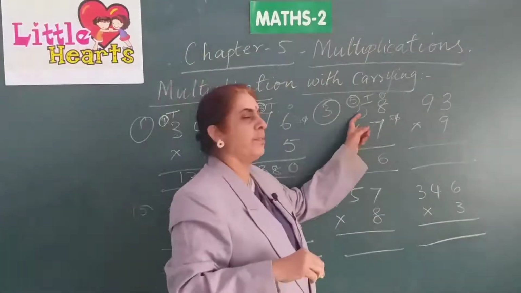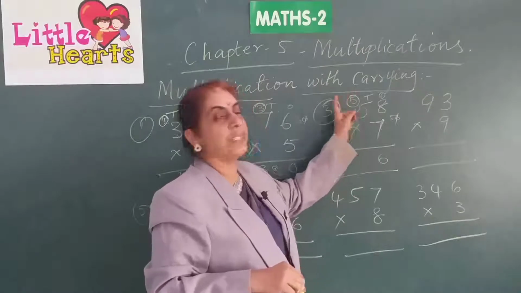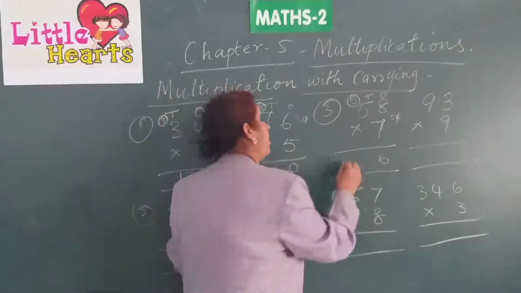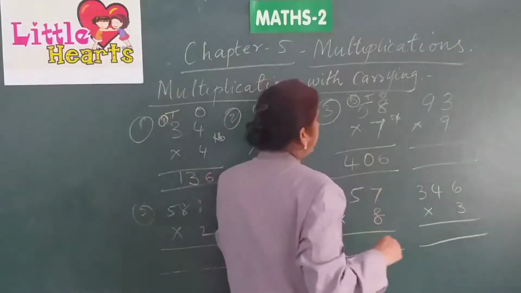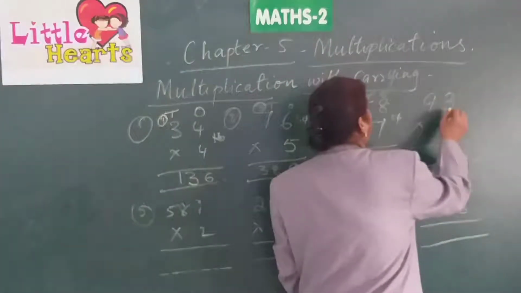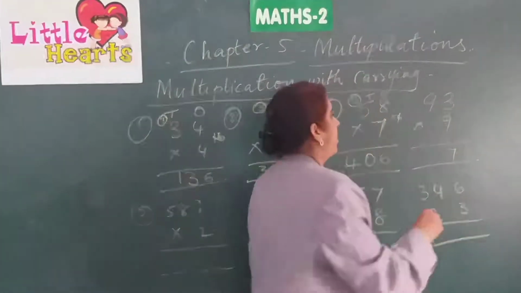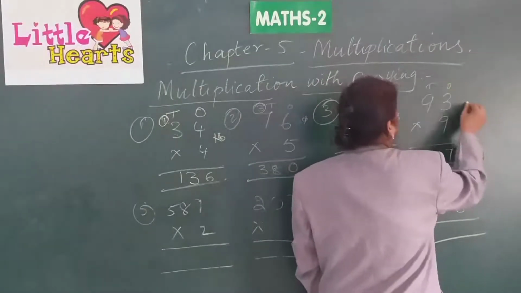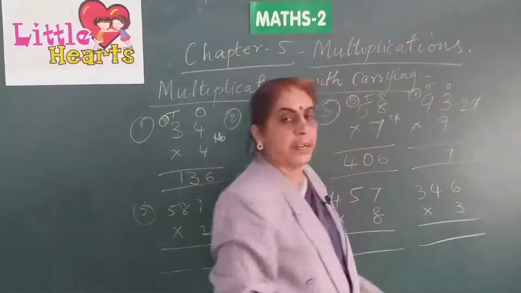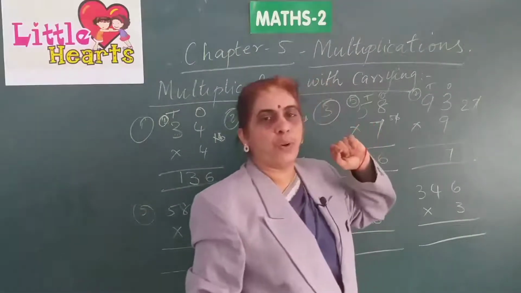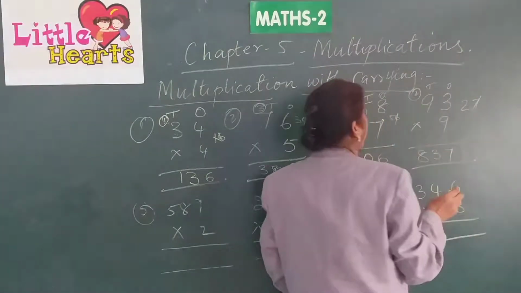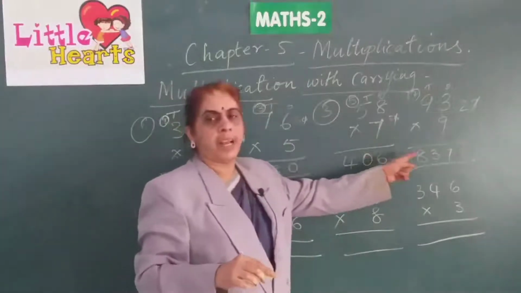Now 7 fives are 35 plus 5. 36, 37, 38, 39, 40. 406 is the product of 58 and 7. 93 into 9. 3 nines are 27. 7 in the ones place, carry 2. 9 nines are 81 plus 2. 83. 837 is the product of 93 and 9.